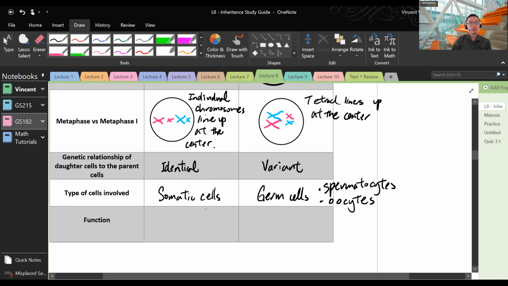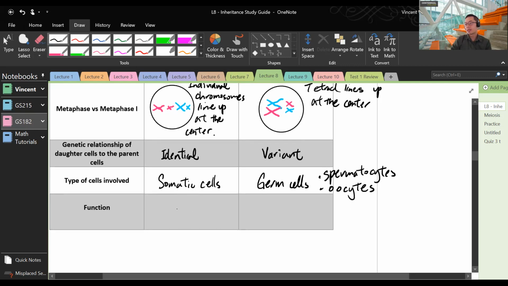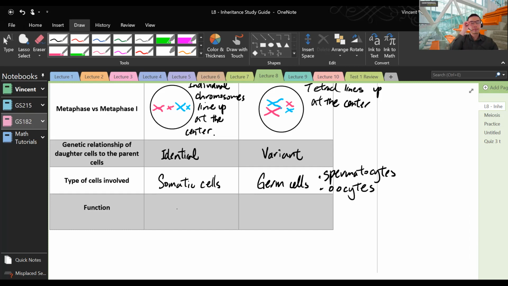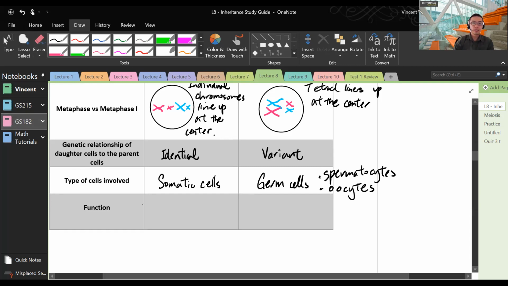Function, can someone tell me why we do mitosis? Why bother dividing? Yep, growth is correct. Growth and development.